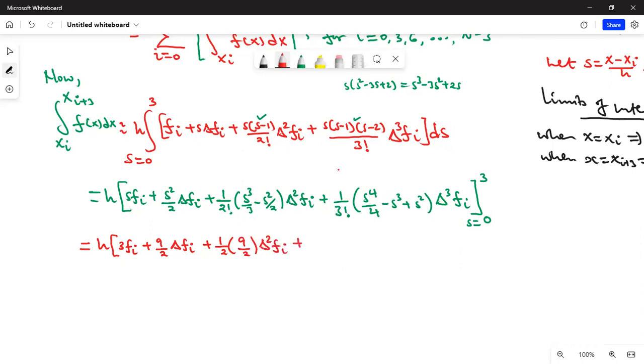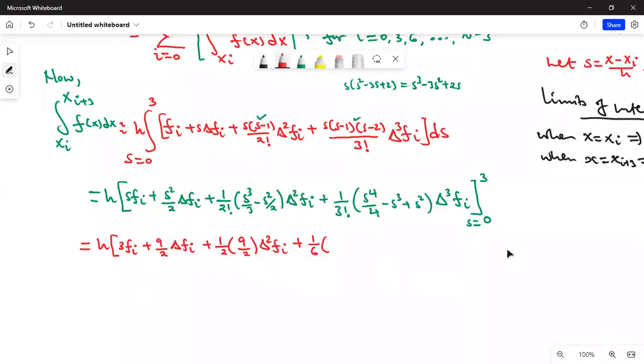Plus 3 factorial is 6. So that's 1 over 6 times 3 raised to 4. That is 81. You divide by 4. Then subtract 3 cubed, which is 27, plus 3 squared. So press that in your calculator.